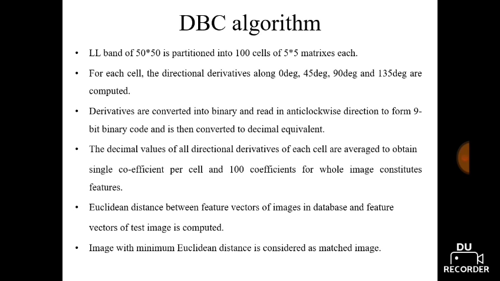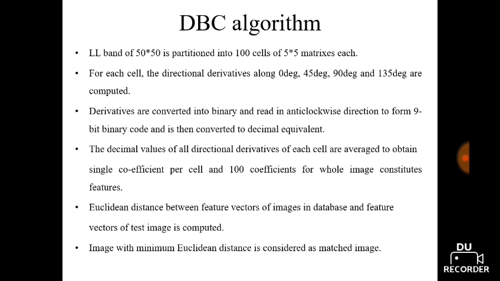We first extract the 5 by 5 matrix, and then along each pixel we derive the directional derivatives along 0 degree, 45 degree, 90 degree and 135 degree. These derivatives are converted into binary format, and these are read in an anti-clockwise manner.